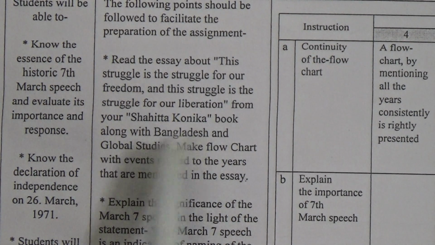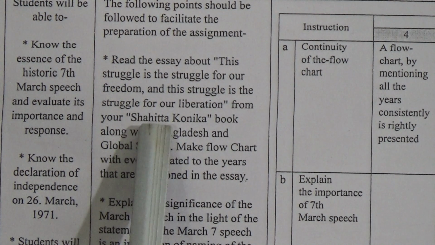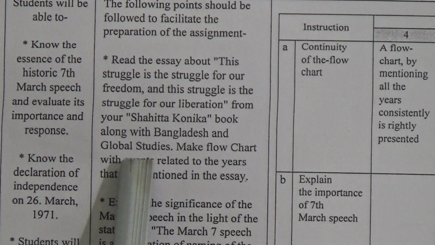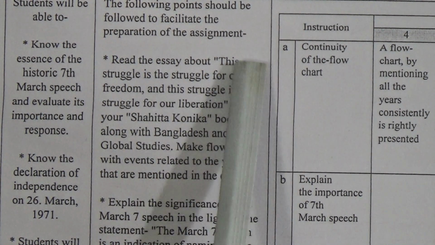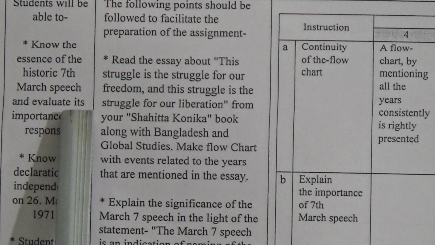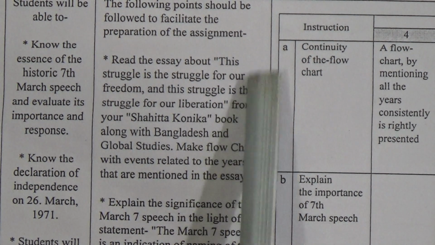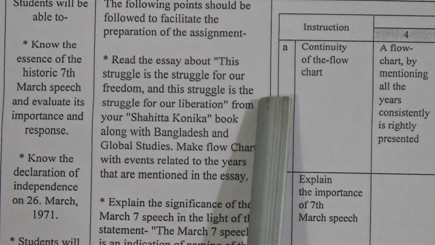Okay, so you have to take help from these 2 books, your Bangla Sahitya Konika book and Bangladesh and Global Studies book, to know about this thing, like this struggle is the struggle for our freedom and this struggle is the struggle for our liberation, which means এবারের সংগ্রাম আমাদের মুক্তির সংগ্রাম, এবারের সংগ্রাম আমাদের স্বাধীনতার সংগ্রাম.